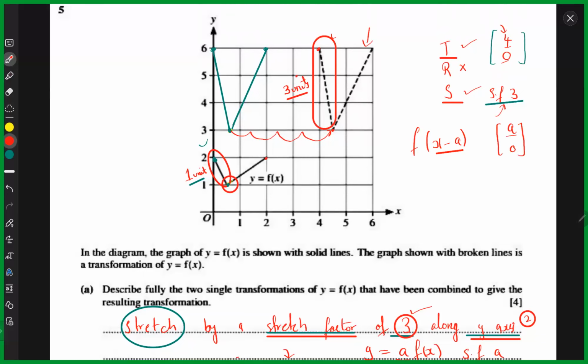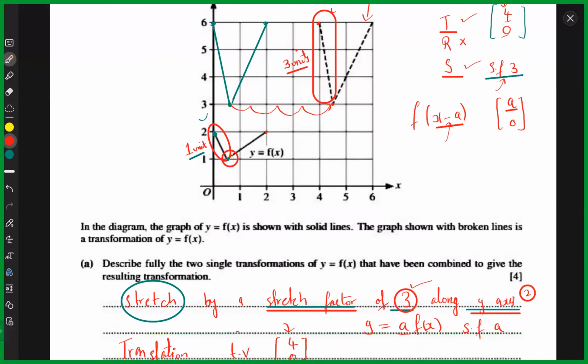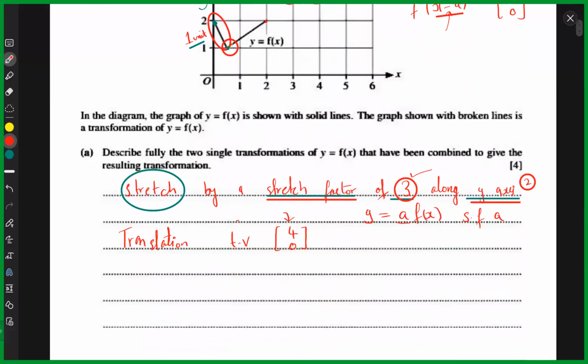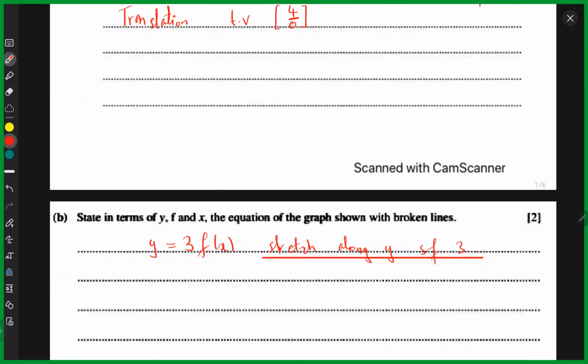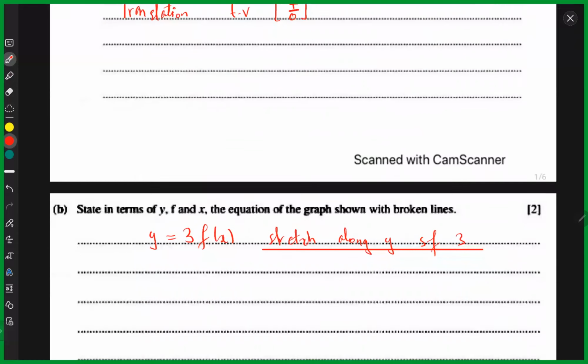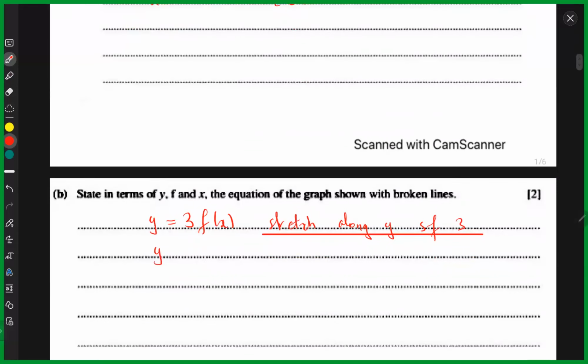Why was it a, 0? Because for minus, my graph was actually shifted a units to the right. So again we have 4, 0 here, and for this 4, I'll be writing down f of x minus 4. So this would be y equals 3 into f of x minus 4, and this is going to be the answer.